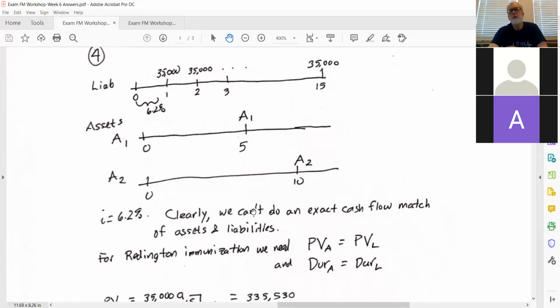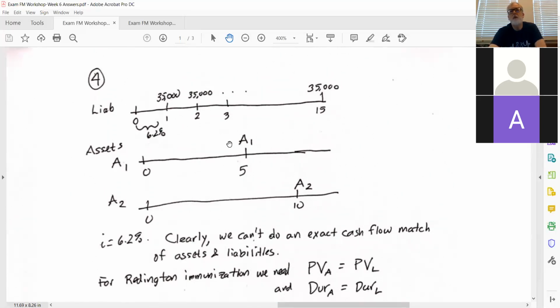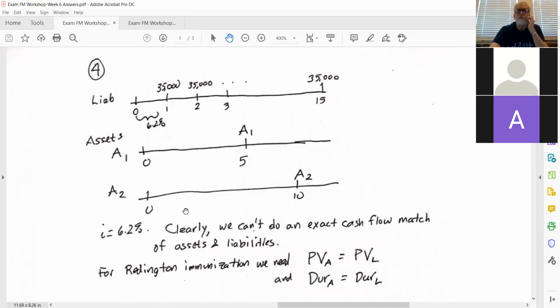So obviously we can't do an exact match. There's no way you can take these 2 zero coupon bonds and match payments of $35,000 a year. That's impossible. So we can't do exact match.